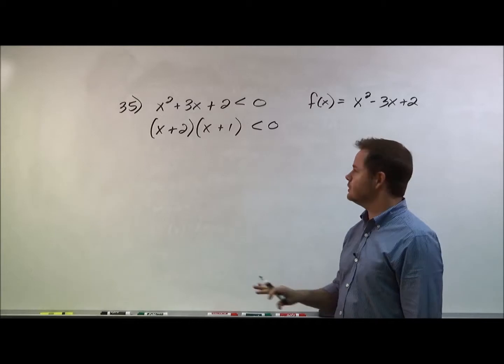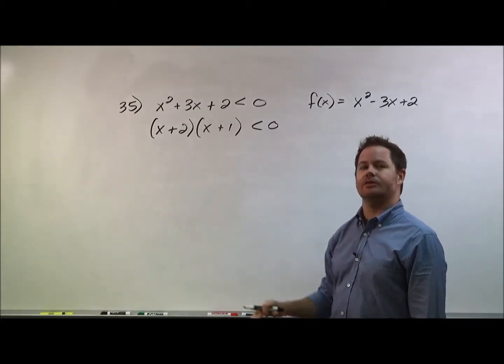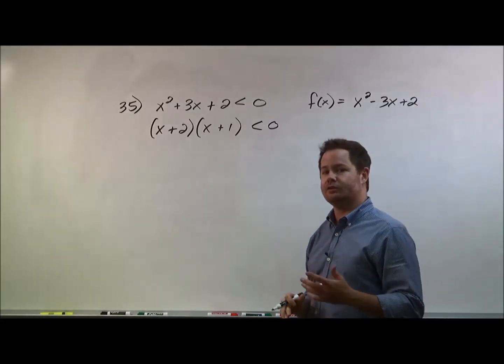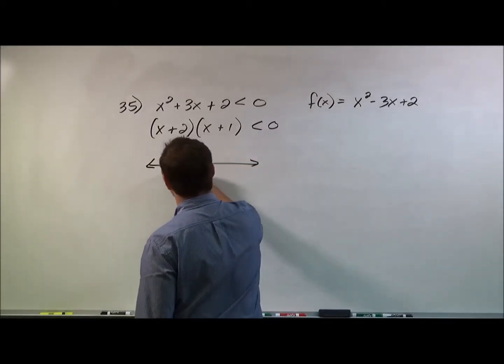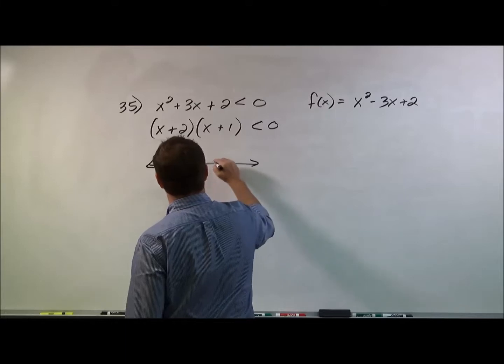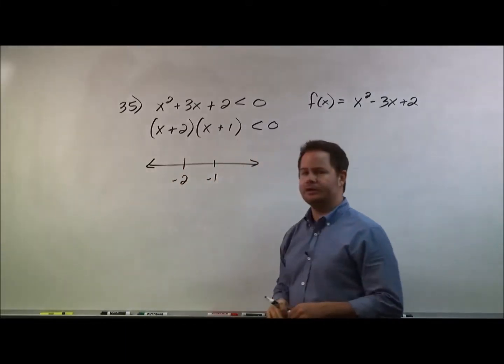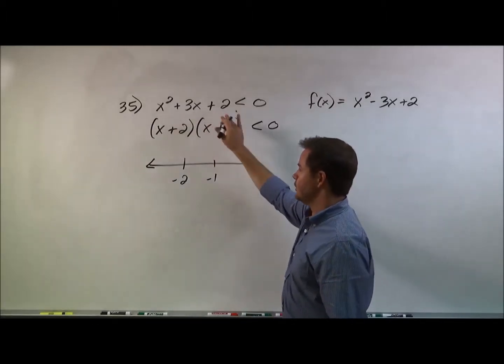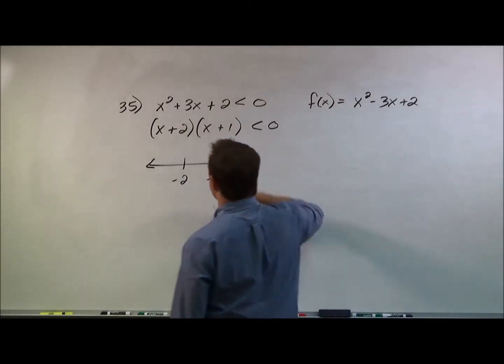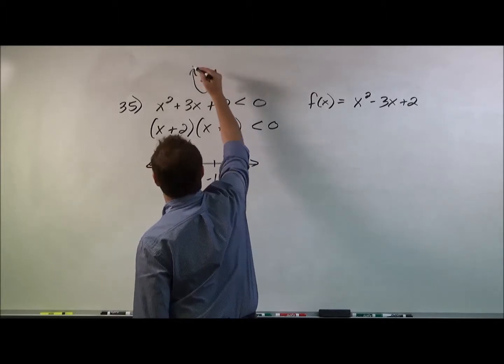So we need to check and see where we're going to be less than 0. And again, you can do this by graphing it on a graphing calculator, but to solve that algebraically, let's take a look on a number line at where -2 and -1 fall. We know the shape of our graph. Since it's a quadratic function, it's going to be a parabola like this.